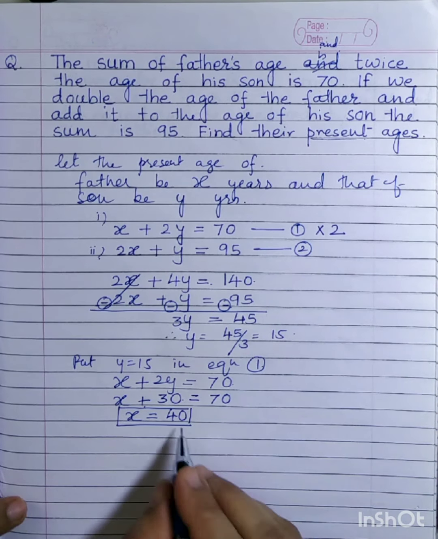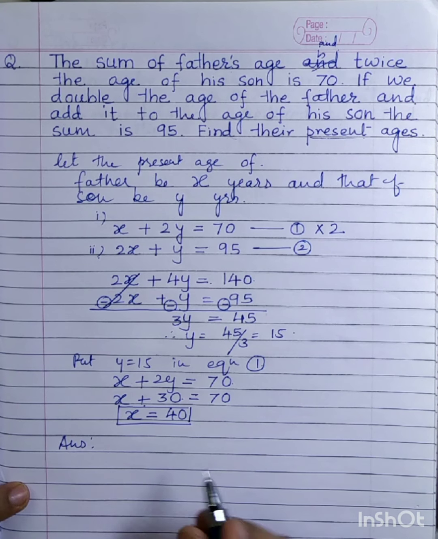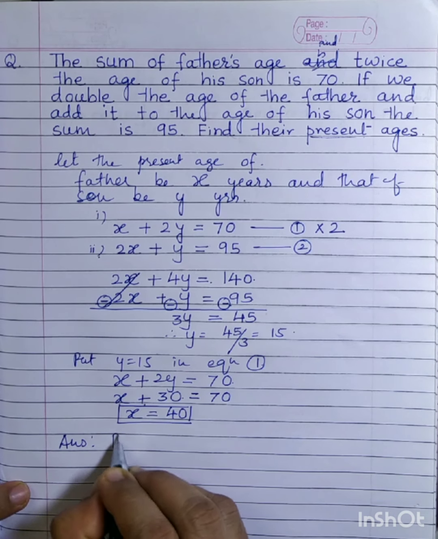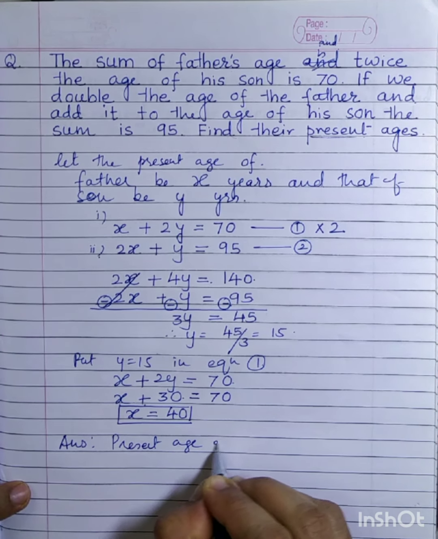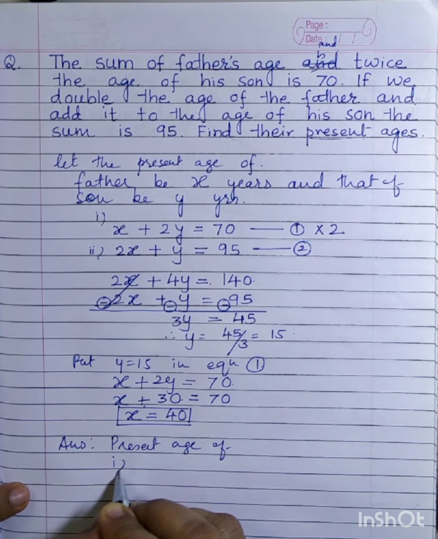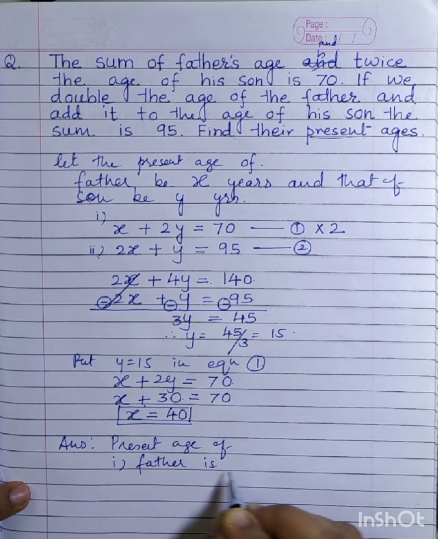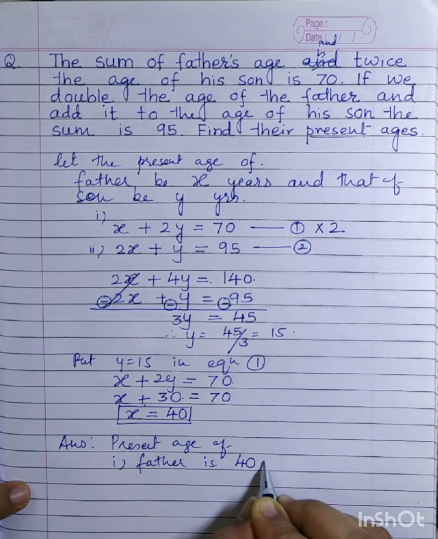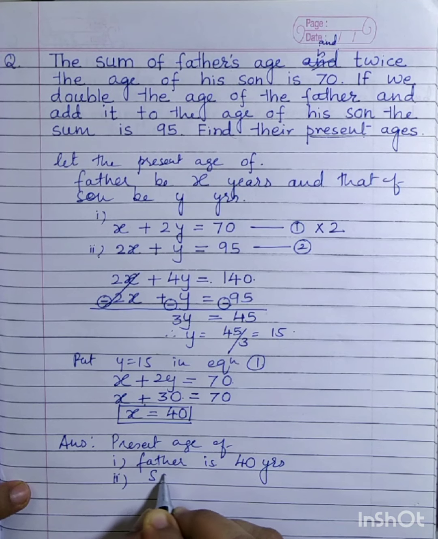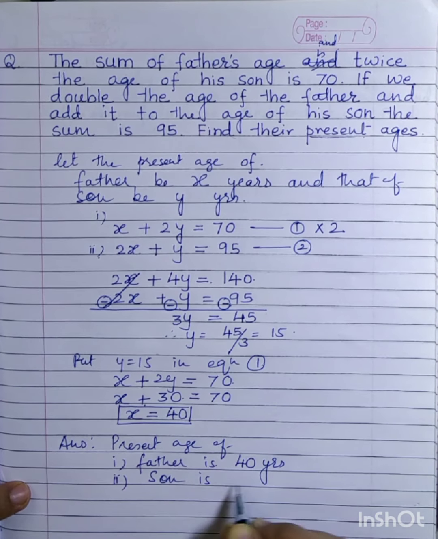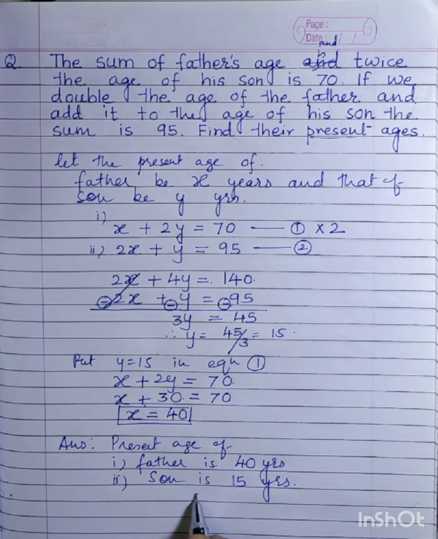The present ages. So do not forget to write the answer statement. It also carries marks. So give the answer as present age of father is x, that is 40 years, and son is 15 years.